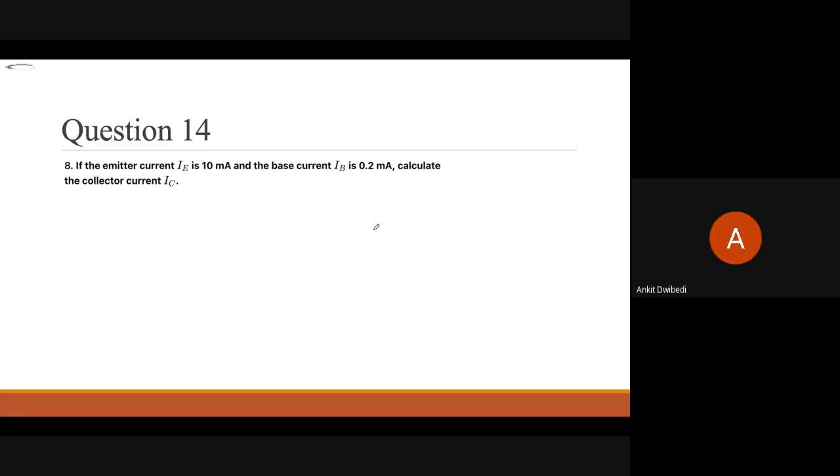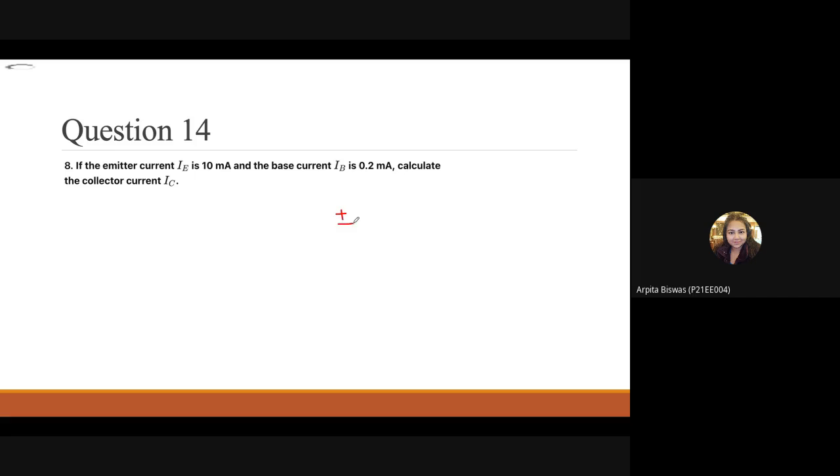IC equals IE minus IB. Okay, so calculate it. 9.8 milliampere. Is this the right option? Yes, ma'am. So let's solve the question.